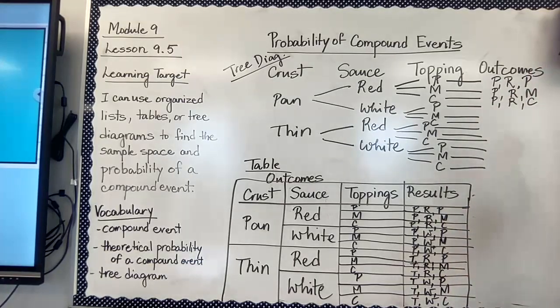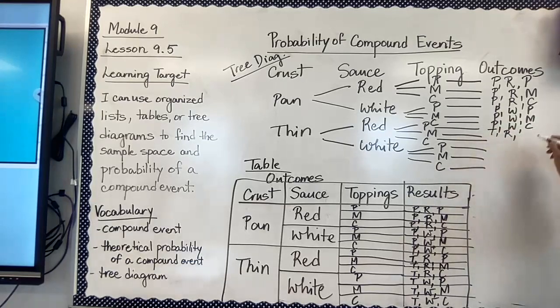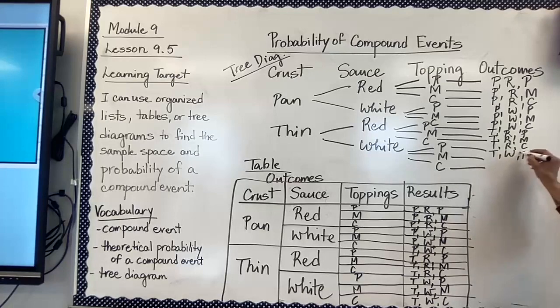Pan, white, pepperoni, pan, white, mushroom, pan, white, cheese, and then I have thin, red, pepperoni, thin, red, mushroom, thin, red, cheese, thin, white, pepperoni, thin, white, mushroom, thin, white, cheese.